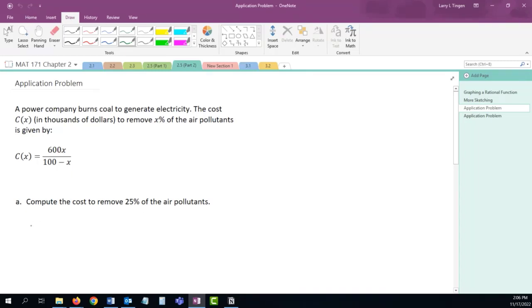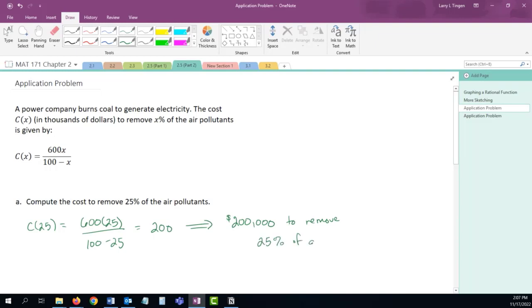X is in percent, so that means just take 25, plug it in for X. So that's 600 times 25 over 100 minus 25. 600 times 25 divided by 100 minus 25 is 200. Okay, what does that mean? That means it's going to cost $200,000 to remove 25% of air pollutants.